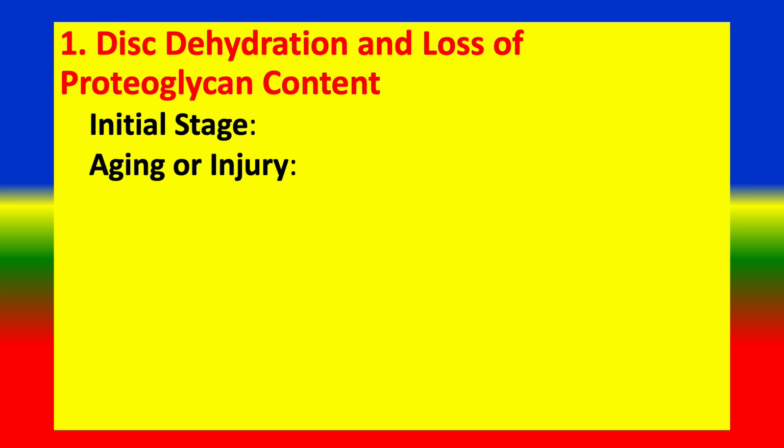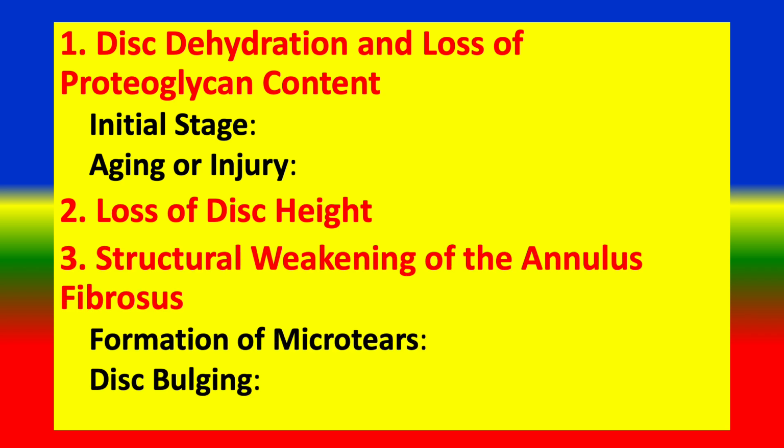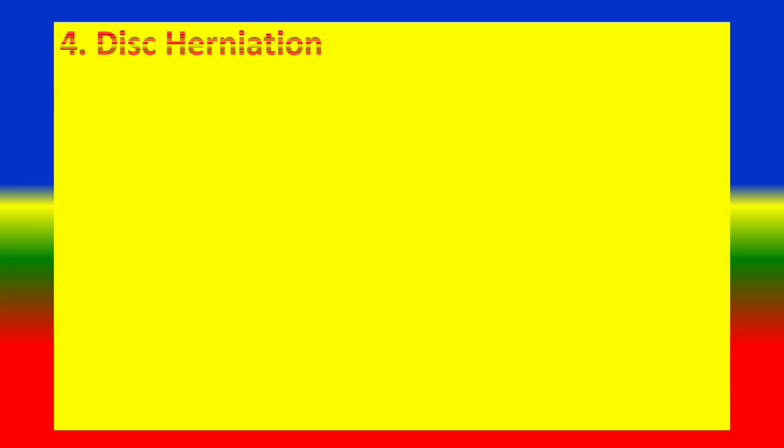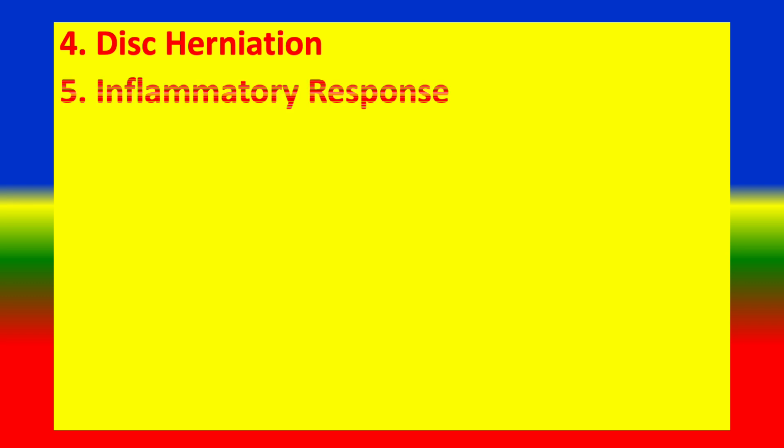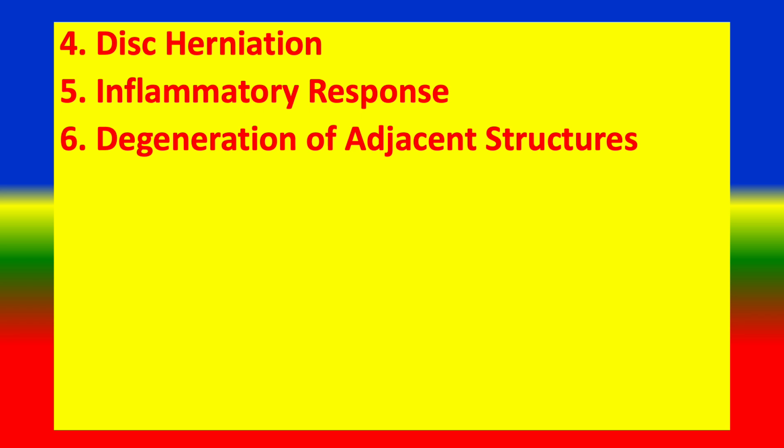Initial stage, aging or injury causing this. 2, loss of disc height. 3, structural weakness of the annulus fibrosus, formation of microtears and disc bulging. 4, disc herniation. 5, inflammatory response. 6, degeneration of adjacent structures.